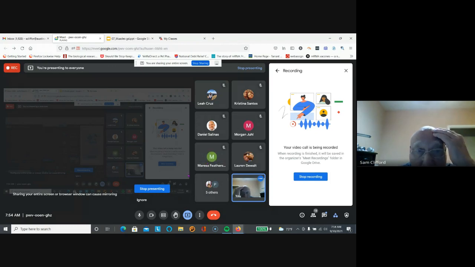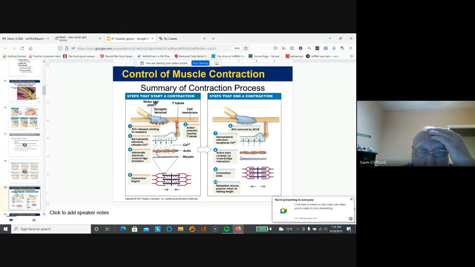There we go. So we go back to the PowerPoint, and here we see a fine image of the structure at the synaptic terminal. The synapse is the gap between the synaptic terminal, the ending of the nerve, on top of the motor end plate. So acetylcholine binds to receptors. The action potential allows sodium to come in, and sodium flows in both directions toward the negative charge inside the muscle fiber cell.